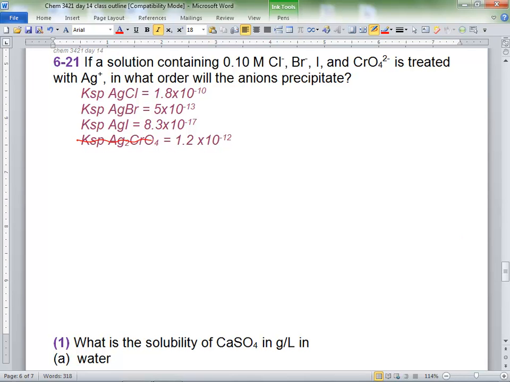This. Daisy said it. Cross that out. Why? You're interested in what order anions will precipitate, right? So you have all these solutions in there. Somehow, something's going to precipitate out first, right? Second, third.